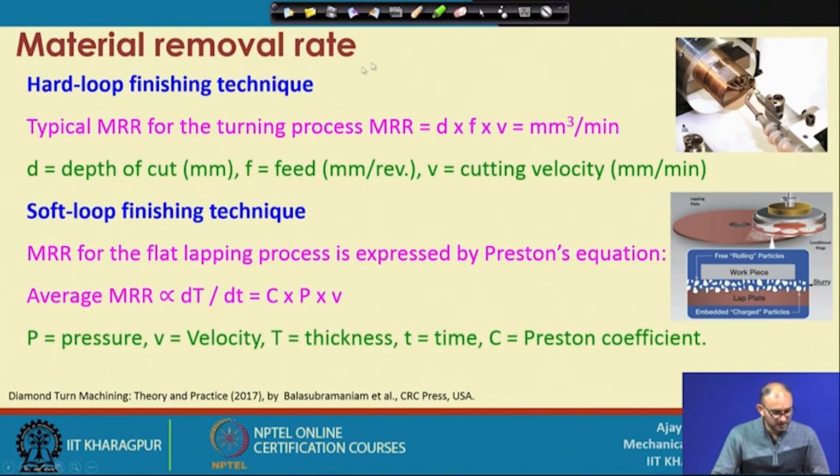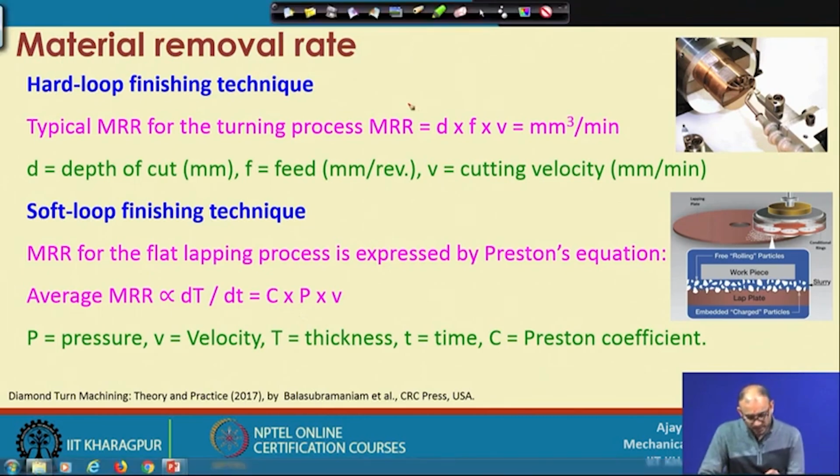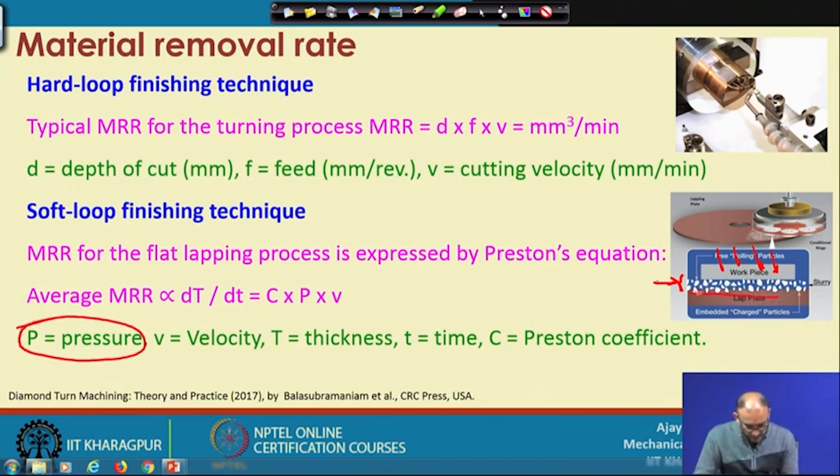P is the pressure, how much pressure you are putting from the top. Suppose this is the abrasive particle slurry at this line, then you have to put some pressure from the top, only then will this particle indent into the surface. Then you have to give a relative motion between the workpiece and the lap. That is called the velocity. Now, what is this thickness?